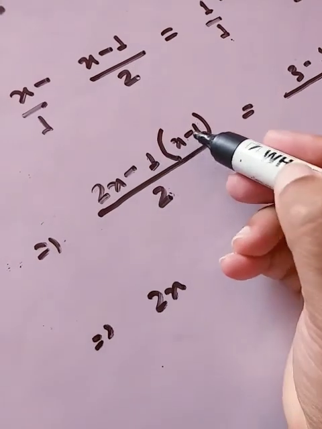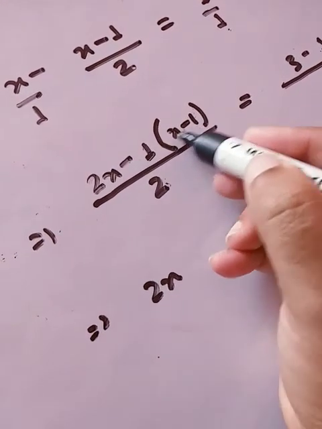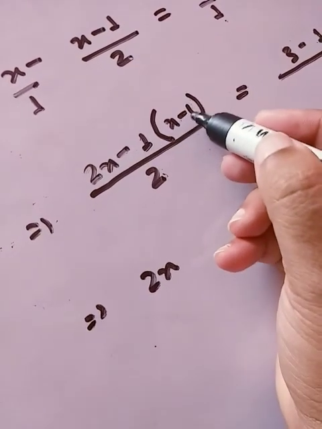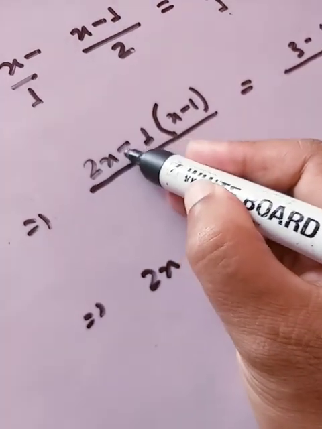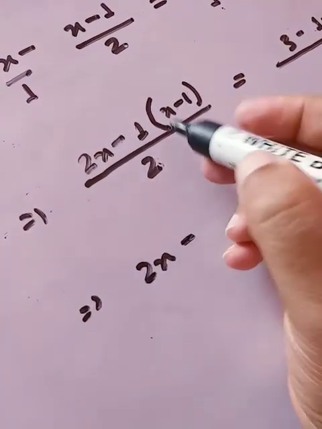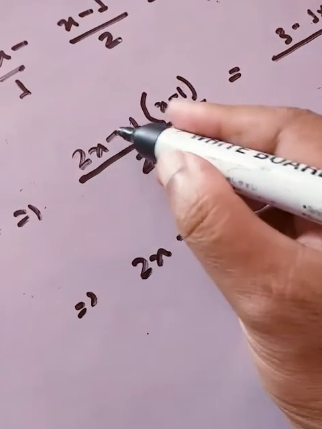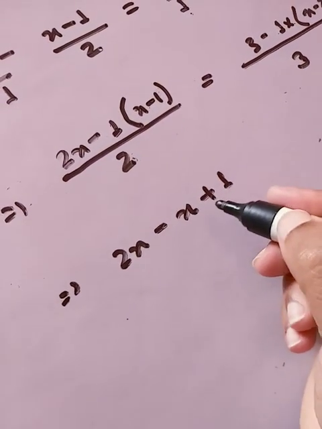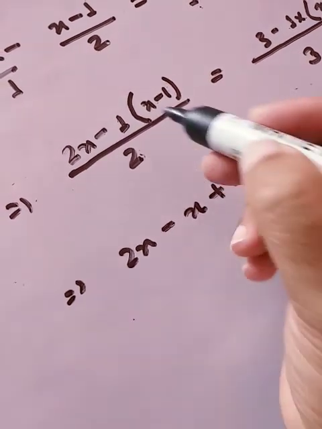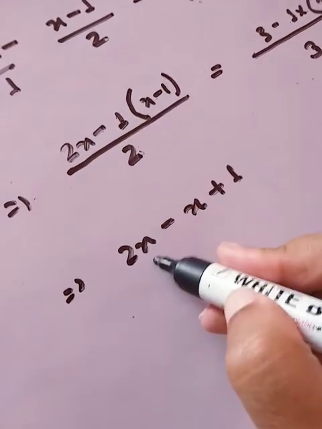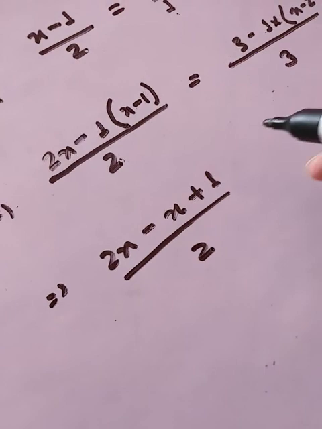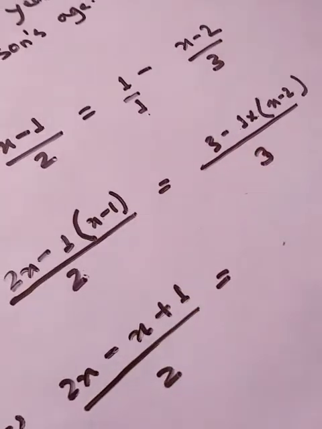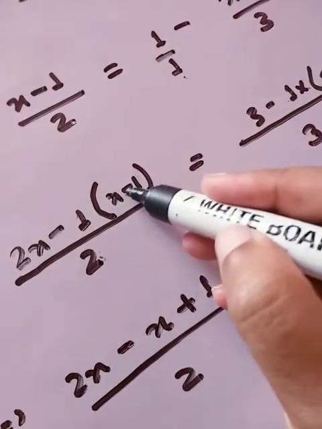Now when you multiply 1 with each term inside the bracket, you see there is a minus sign outside the bracket, so some change will come. So 1 into x is x only, minus plus. Now this is the mistake that most students make. To avoid this mistake, you should always write this step. Once you see that you have quite mastered this process, then there is no need of writing this. You can straight away write x plus 1.